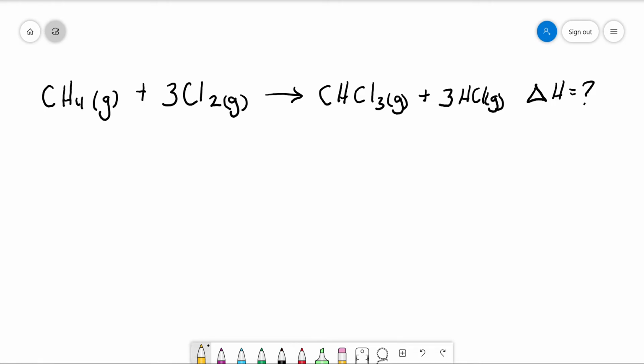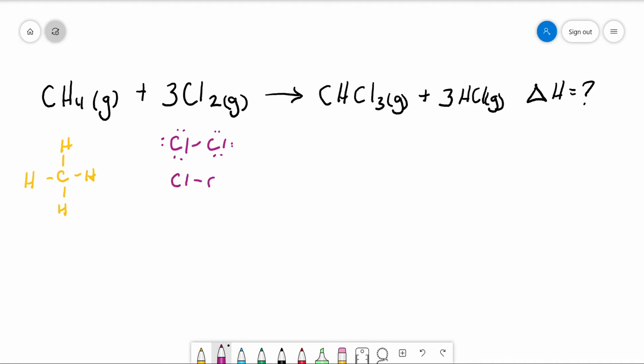Well, just like in the last problem, the very first thing we need to do is a Lewis structure for all of these molecules. CH4, simple, one bond to each carbon. Cl2, also simple, single bond, 3 lone pairs.